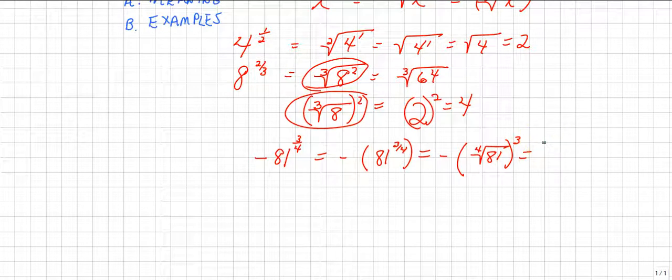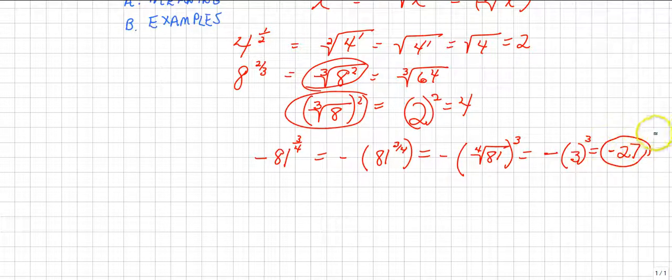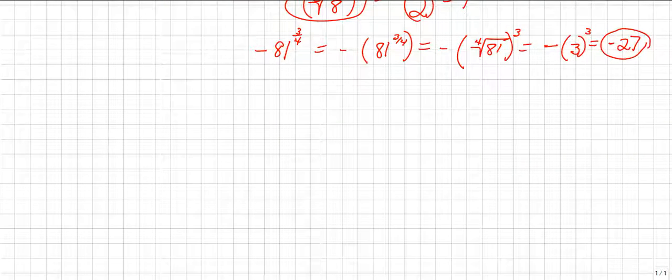How about 3? 3 times 3 is 9, times 3 is 27, times 3 is 81. So the fourth root of 81 is 3. So we have 3 inside the parentheses, and a 3 outside the parentheses is the exponent. 3 to the third is 27. And now I bring my negative sign, which I don't want to forget, over, and the final answer is negative 27.